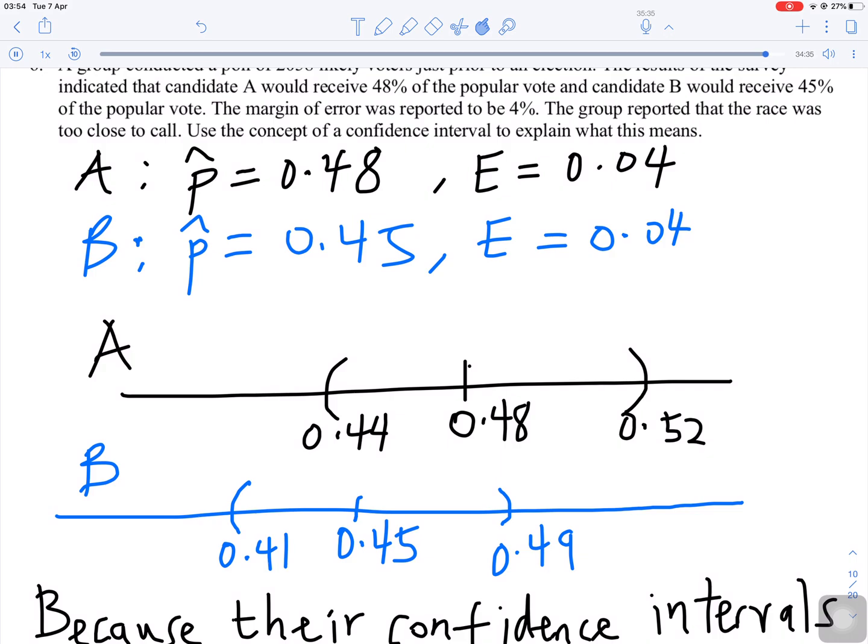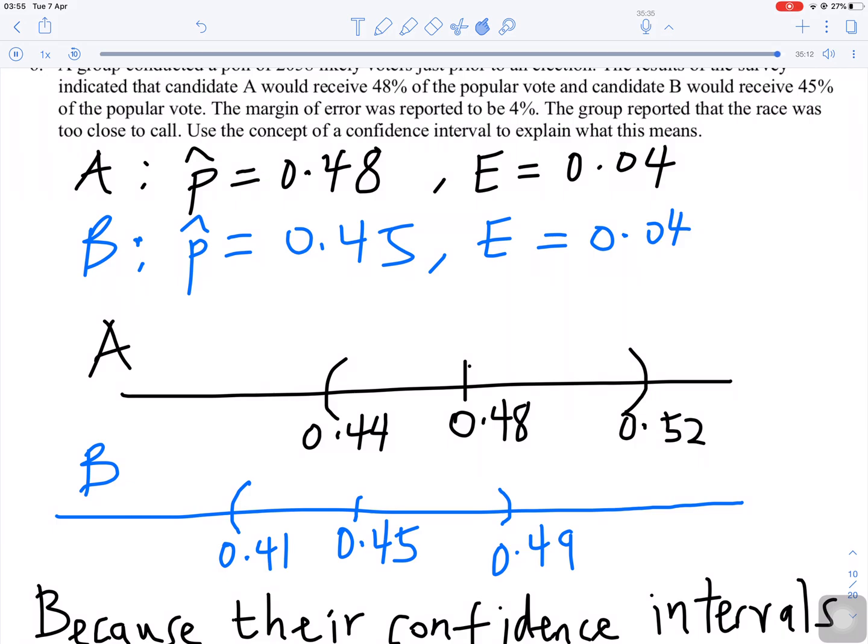It means that it is very possible they could have the same proportion of votes when the election actually takes place, or at one point B could have more and A less, or the other way. So that tells you that there is not a clear indication of who the winner is going to be from just this poll. Because their confidence intervals overlap, the poll cannot predict the winner. So that is how we use the knowledge of confidence intervals to arrive at such a decision.